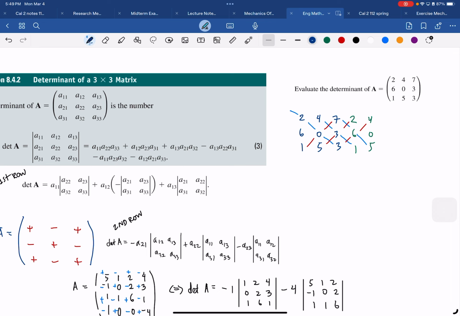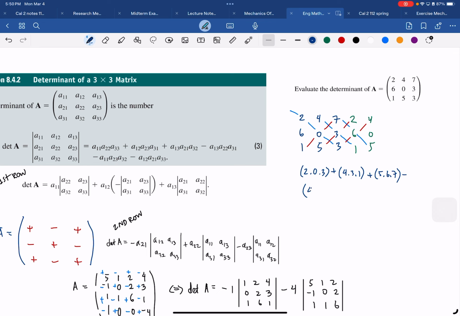So this could be 2 multiplied by 0 by 3 and then plus 4, 3, 1 plus 5, 6, 7. Okay, and then minus the whole thing. Let me put this down here.